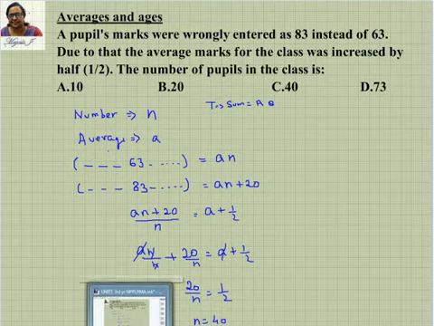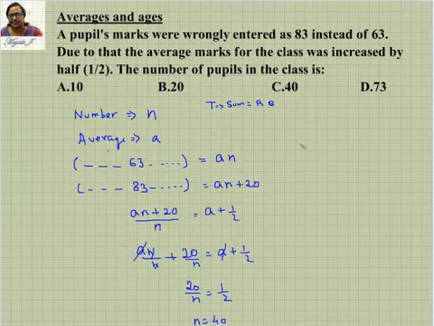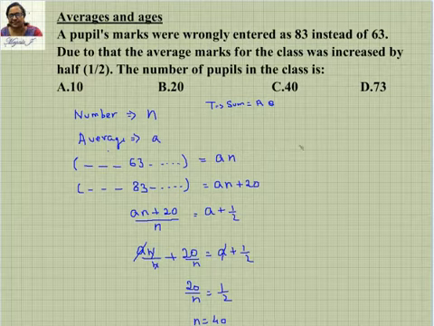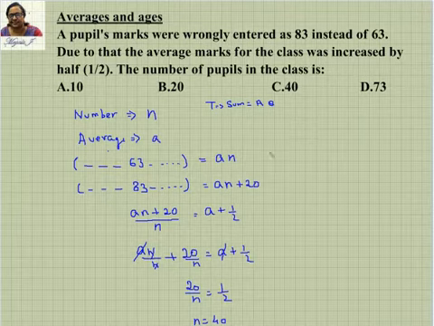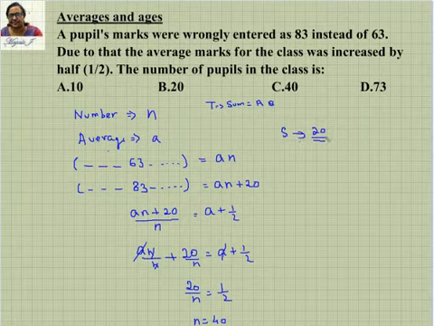This is quite simple. There are different ways to solve this problem, but the logic behind it is what you're supposed to understand. I'll explain this logic again in the class. When you have this 20 increase, the change in the sum is only 20.